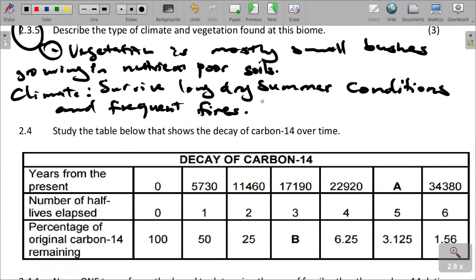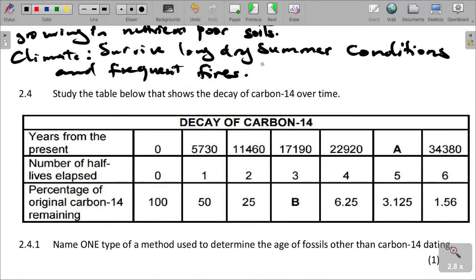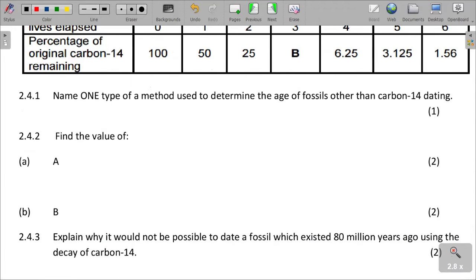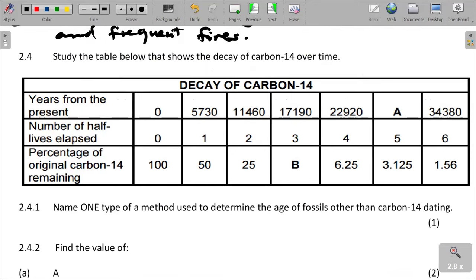And then, the table below shows the decay of carbon 14 over time: years from present, number of half-lives elapsed, percentage of original remaining.